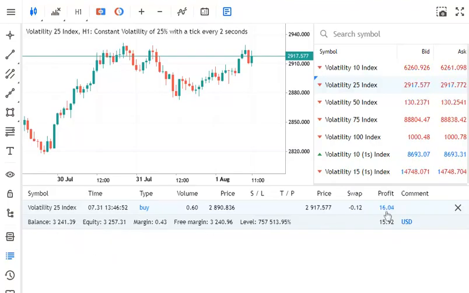There is more equity and profitability if it was traded with higher lot sizes. So this basically means there are traders on this market who traded with higher lot sizes, in other words with bigger capital, and their profit is definitely going to be more than 16 US dollars.